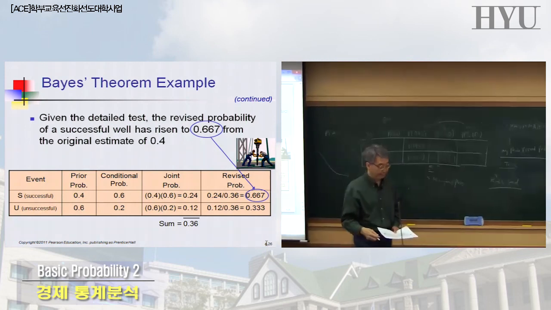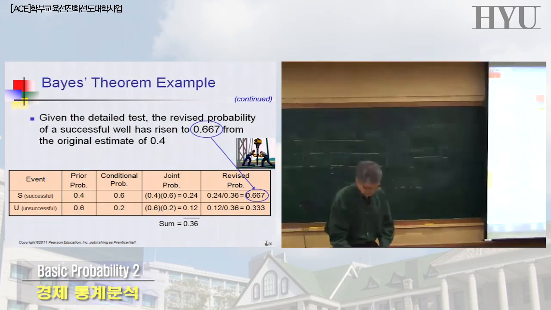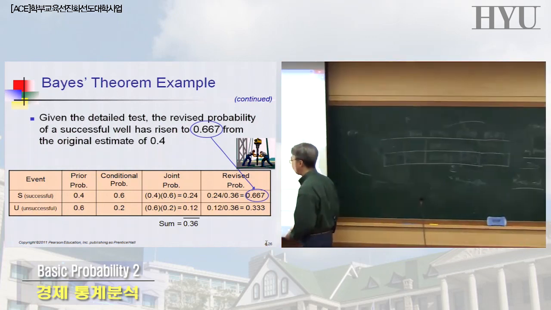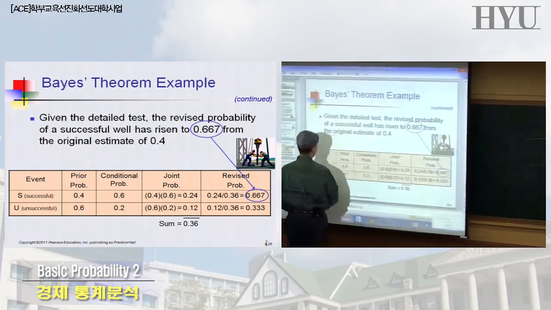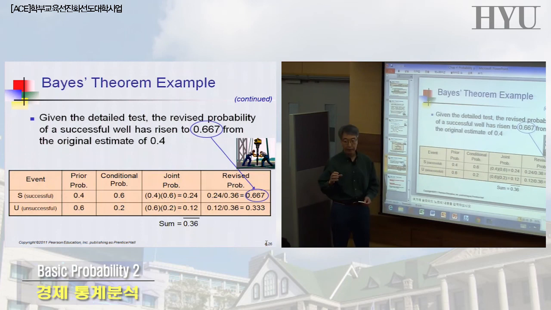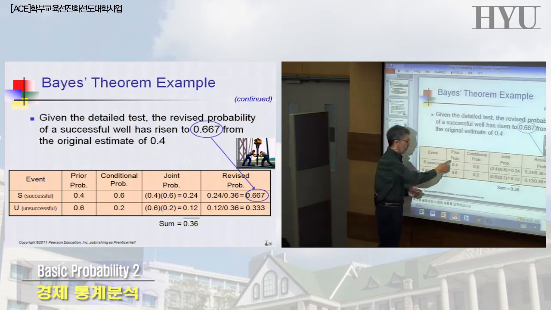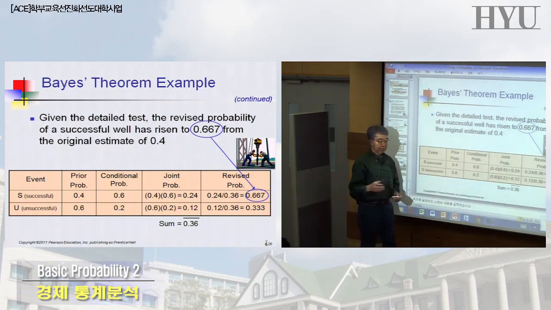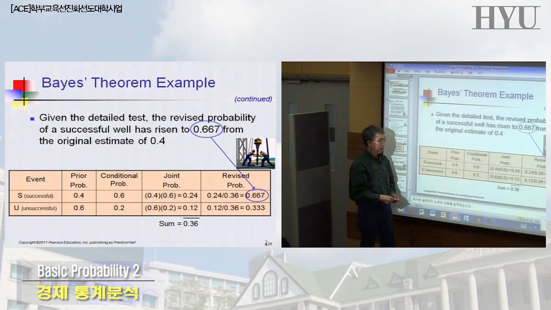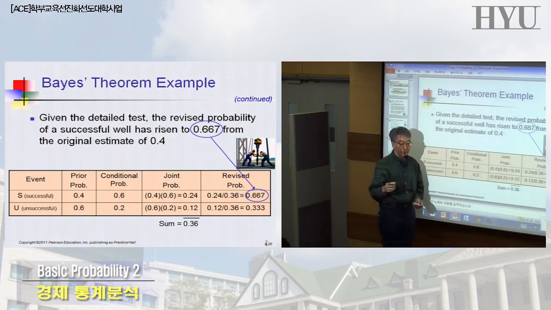The story is this: we're trying to assess the probability of success in any oil well exploration. Based on the previous history, we have this prior probability. On average, 40% of the wells are successful, 60% are unsuccessful. But then we can do a little more than that.